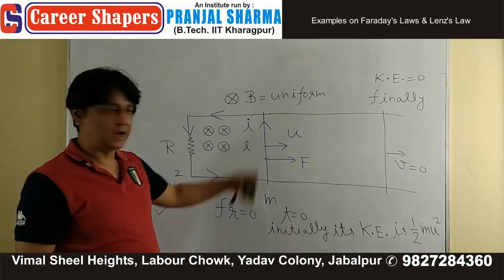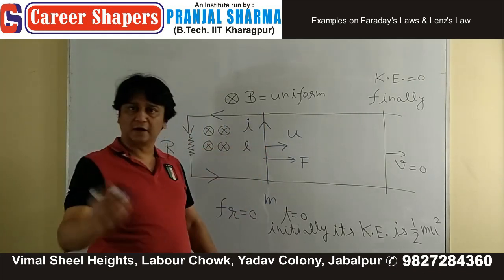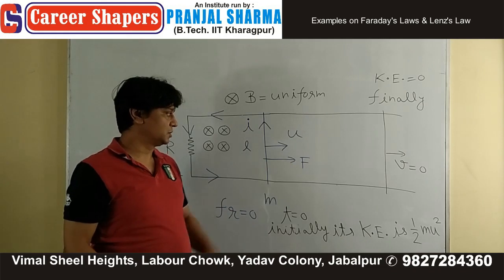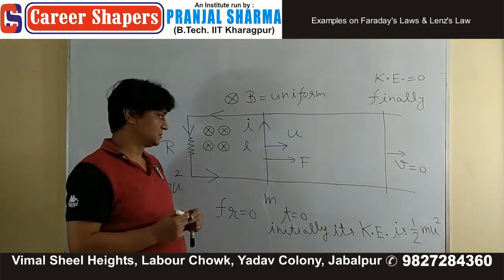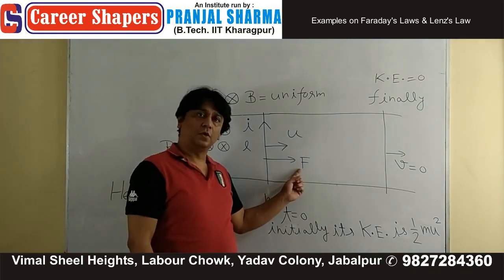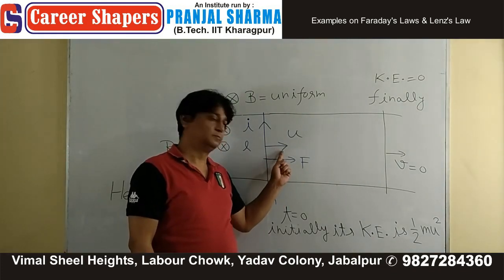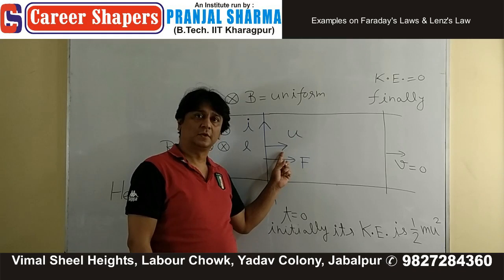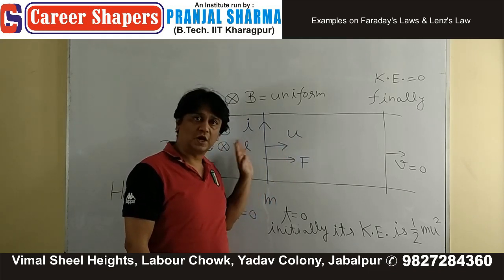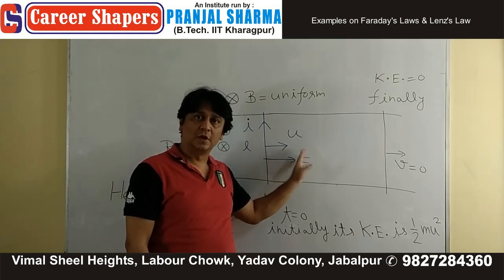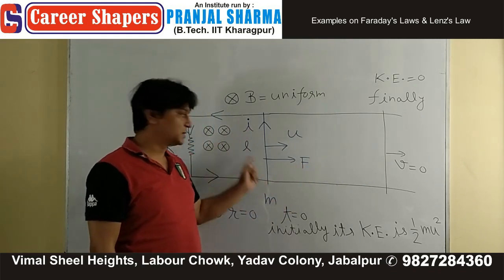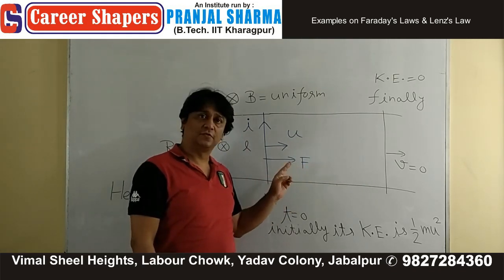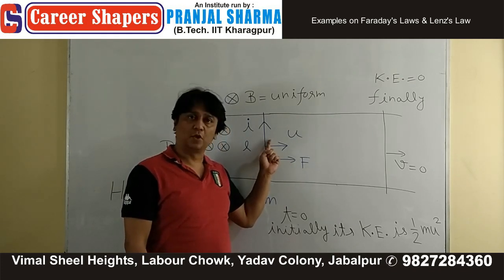Current is flowing downwards such that it produces a force in this direction. If something like this happens, then what is wrong with this? This force will increase the velocity. So you have a rod which starts moving with u, it produces an EMF which creates a current, and the current is creating a force like this, and the force is supporting the velocity.